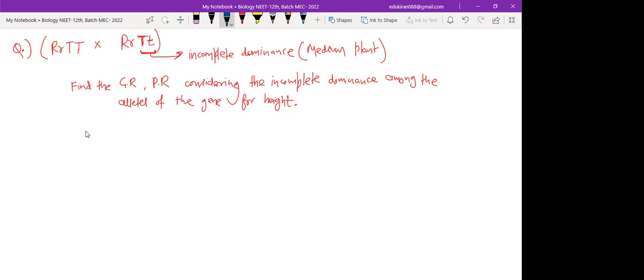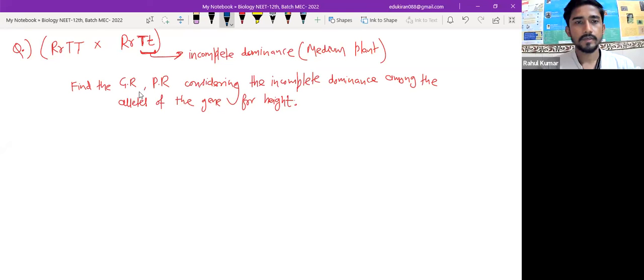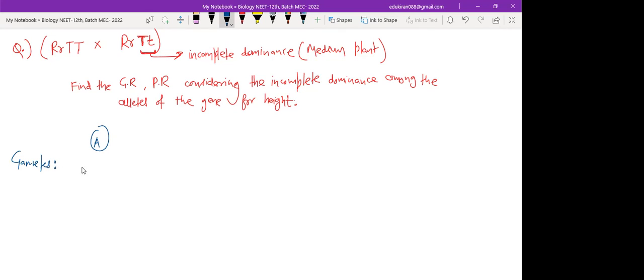Done. Okay, so let's begin. Atif, tell me. First, we know the genotype for the parents. So tell me what are the gametes that are possible for parents A and B. For A first, tell me. Capital R, capital T and small r, capital T. Okay.